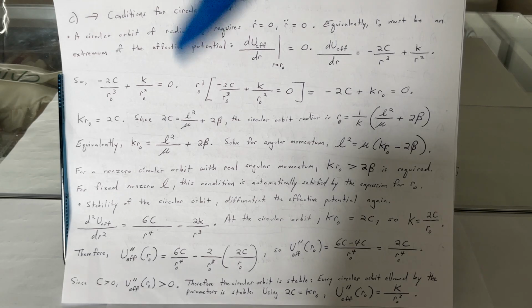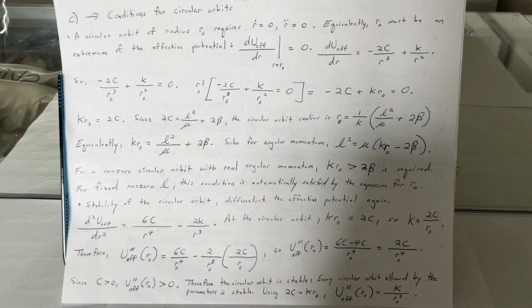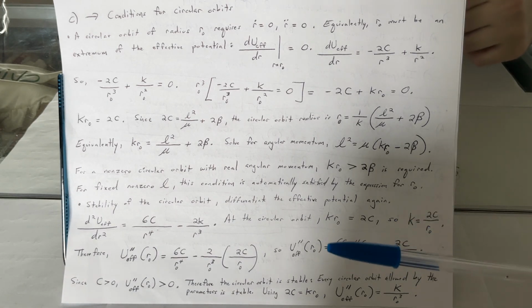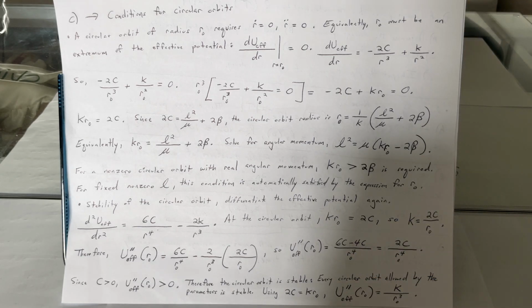So we could say u sub EFF double prime of r naught equals 6c over r naught to the fourth minus 2 over r naught cubed times the quantity 2c over r naught. Simplifying that, u sub EFF double prime of r naught is 6c minus 4c over r naught to the fourth, and that equals 2c over r naught to the fourth.